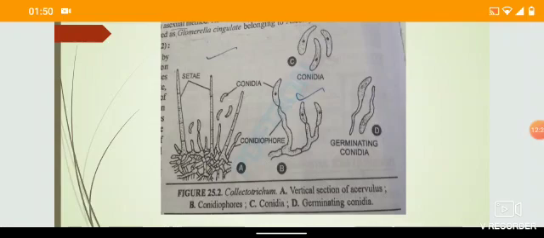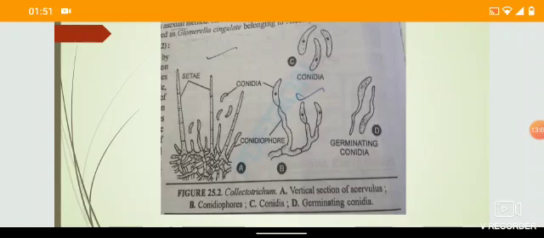But when these conidiophores along with the conidia and setae exert pressure on the epidermis, it will rupture and these fruiting bodies are exposed, and these conidia and conidiophores are also exposed. Now these conidia get separated by rainwater and disseminated by wind-blown raindrops.